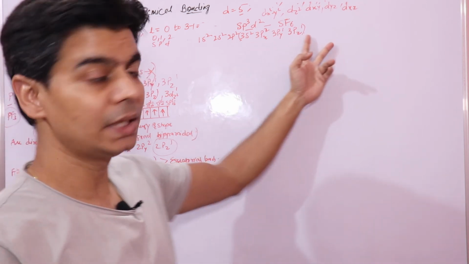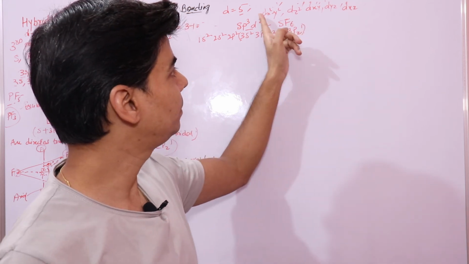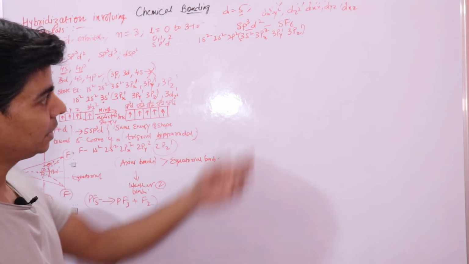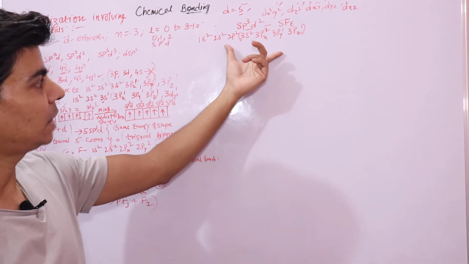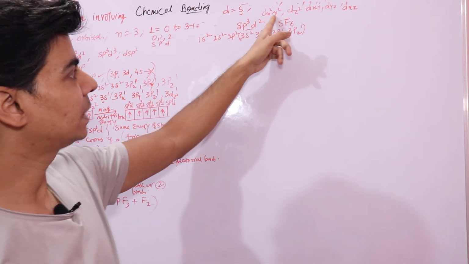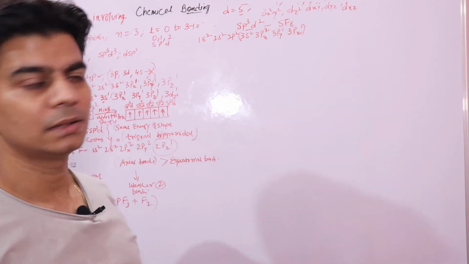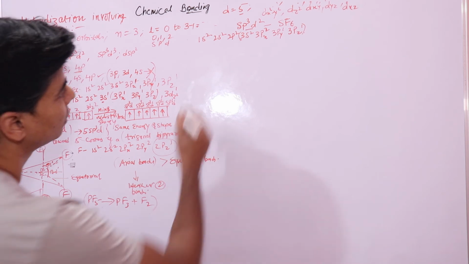And it has empty d orbitals. How many empty d orbitals? 5 d orbitals. So the orbitals that would be involved in this type of hybridization would be dx square minus y square and dz square, right? These two orbitals would be involved.